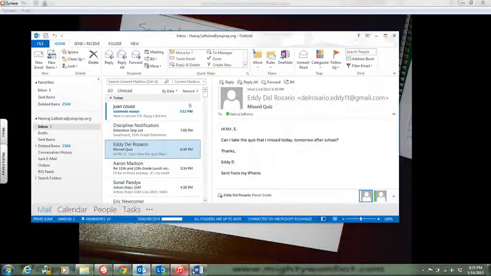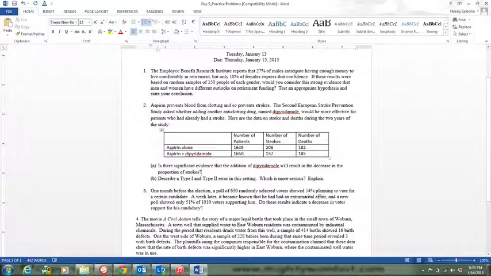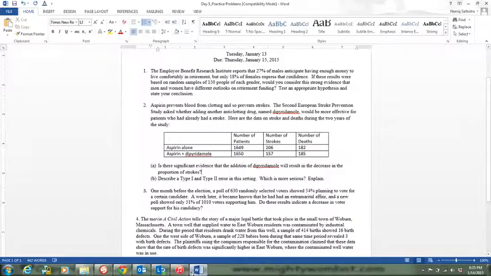Now we have to do the conditions. Sample 1, NP is greater than or equal to 10. N on the first sample was 1649, and P is 206 divided by 1649.